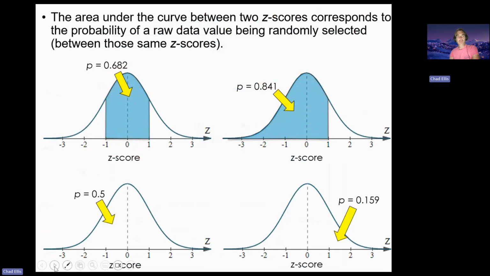One important thing to keep in mind is that both sides of a normal distribution contain half of the probability. So 0.5 probability for all the area to the left of a z-score of 0, and 0.5, or 50%, probability for all z-scores above the mean.